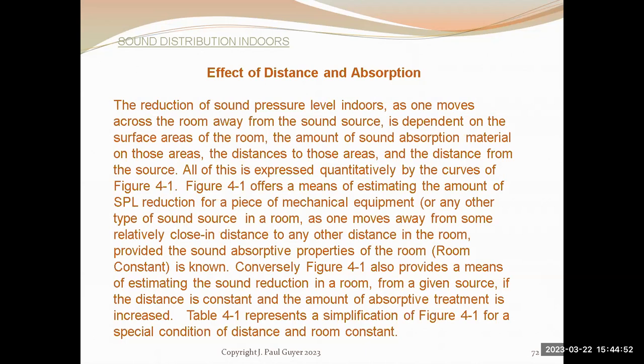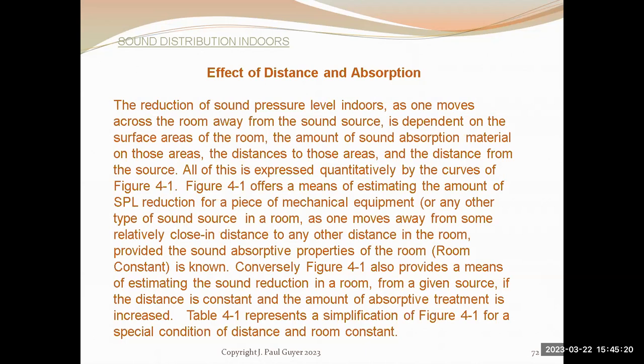And then the same thing takes place on the receiving room side. If the receiver is a long distance away from the barrier wall, there is more acoustic energy that is absorbed between the barrier wall and the receiver's ear.